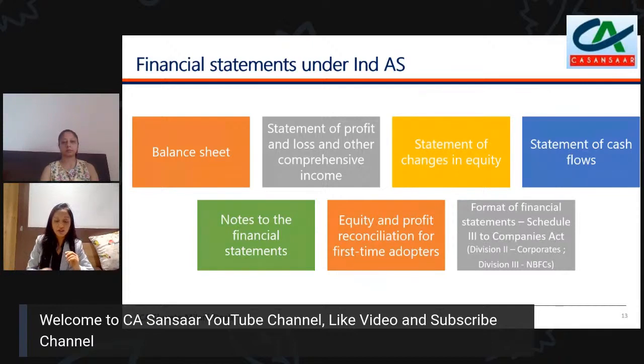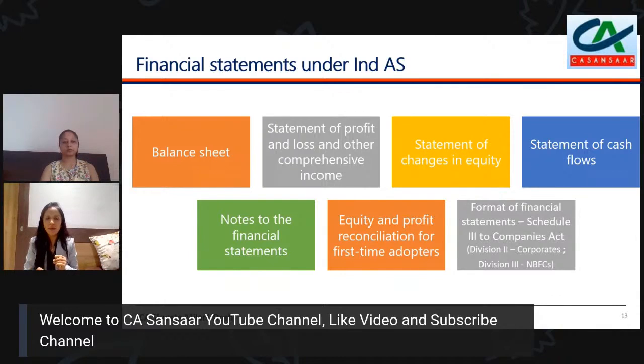Now, moving ahead to the next part, which is the format in which you will disclose the financial statements. Now, friends, under the Ind AS regime, you have Schedule 3. You had it for your Indian GAAP also, but for the Ind AS companies, you have Division 2 to the Schedule 3. So, if you are following Ind AS, then for the purpose of format of balance sheet and format of P&L, you have to go to Division 2 of Schedule 3 to the Companies Act.